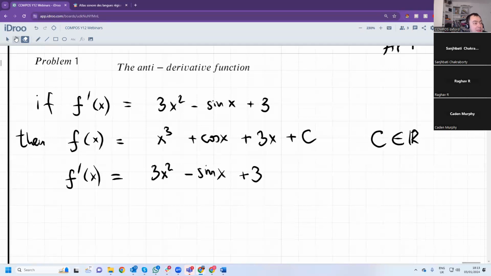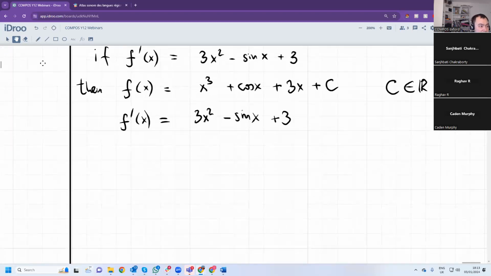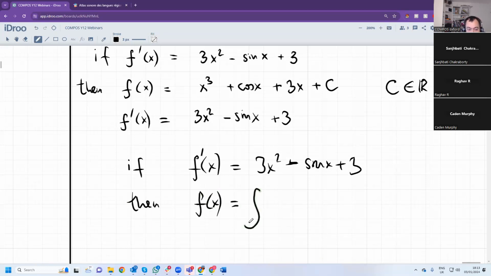So if the derivative of f is equal to 3x squared minus sine x plus 3, then f of x, the function itself, is the integral of 3x squared minus sine x plus 3 dx.